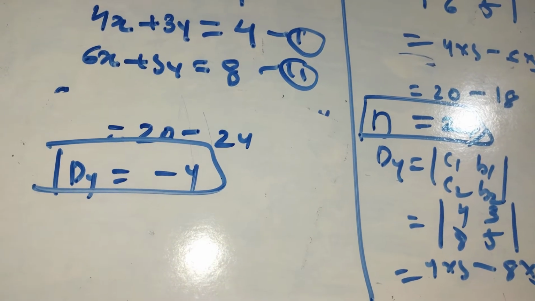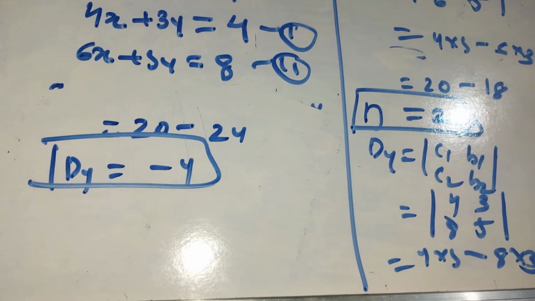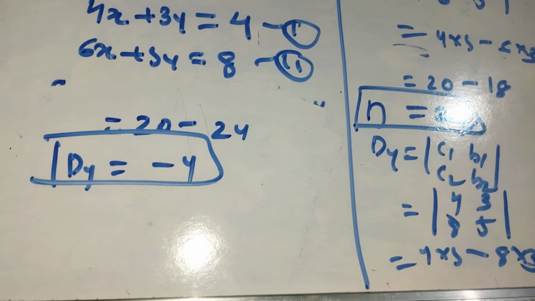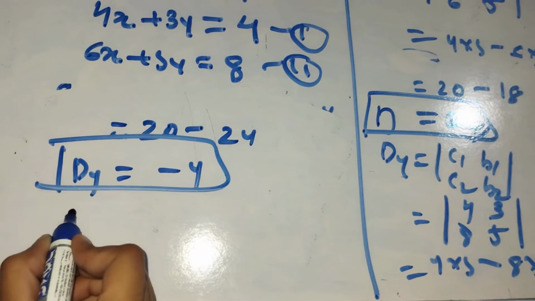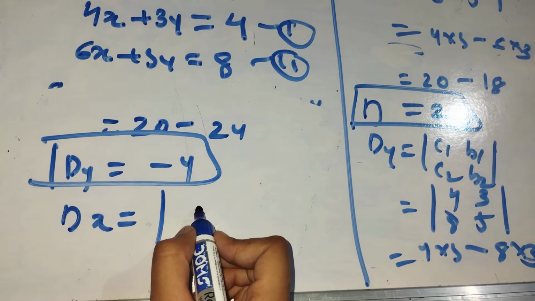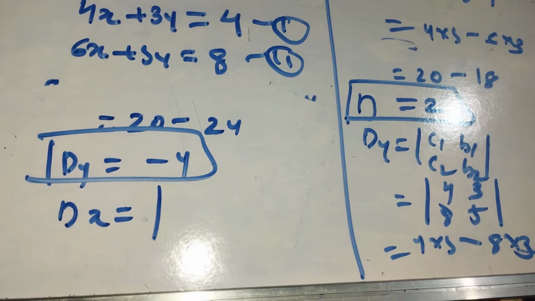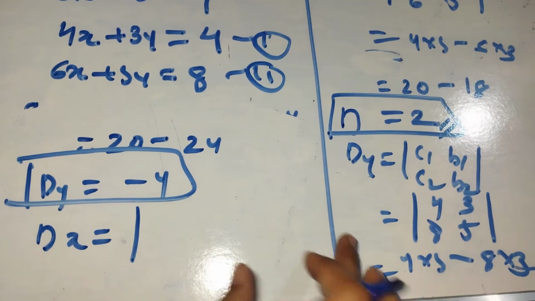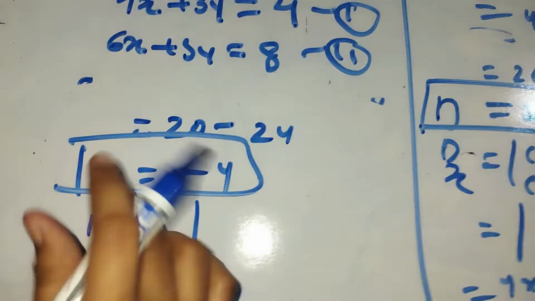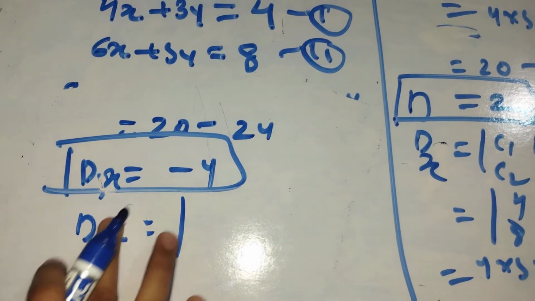There is no problem, whether you find dy or dx first, there is nothing wrong with that. Sorry, here is my mistake, it's not dy, it's dx. Now we are going to find the dy. This is our dx value.